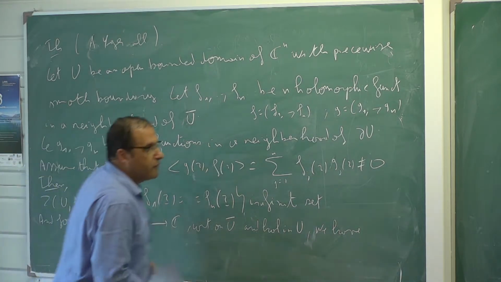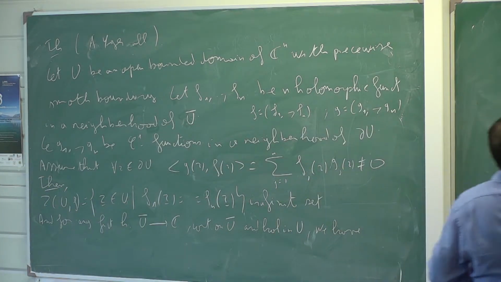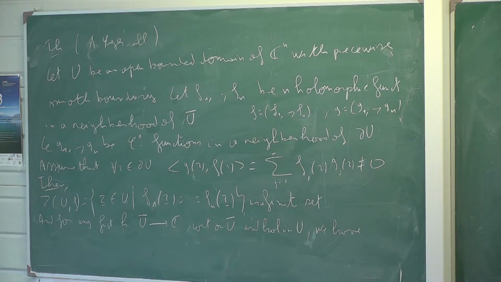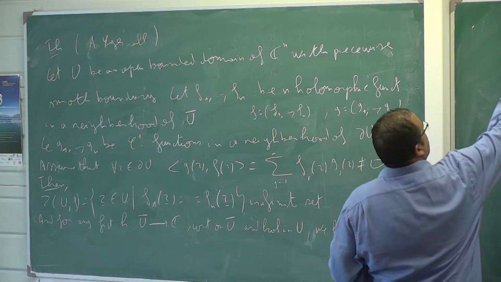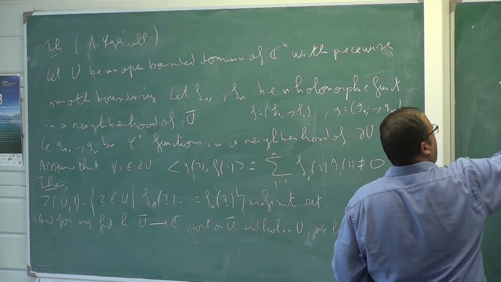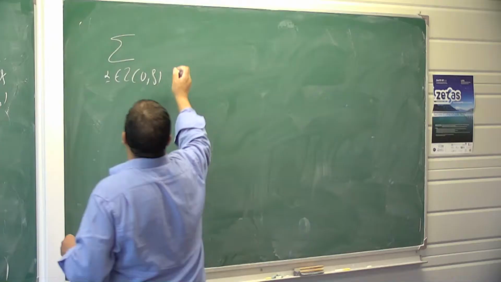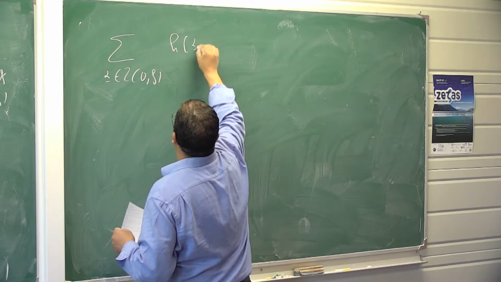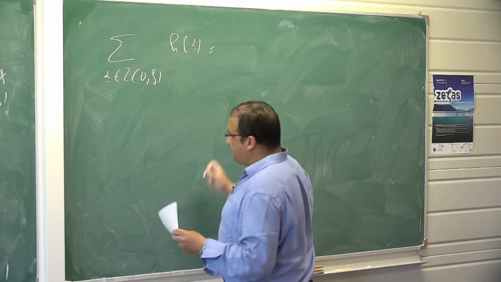I will write it in this part. We have the following formula: the sum over alpha in Z_UF of h(alpha) can be represented by this integral.